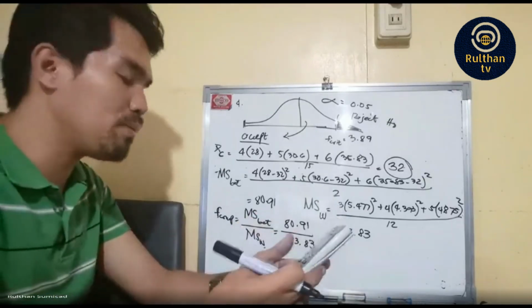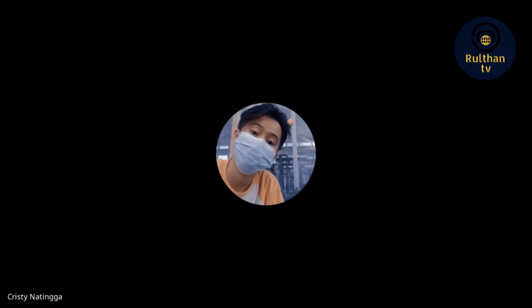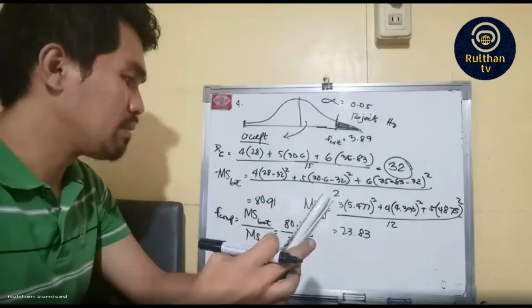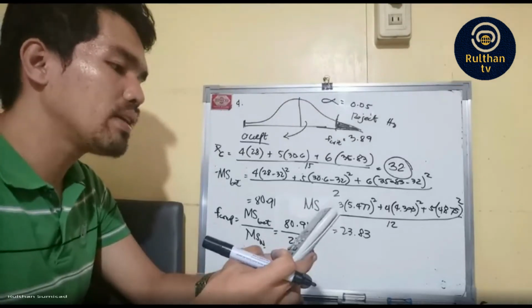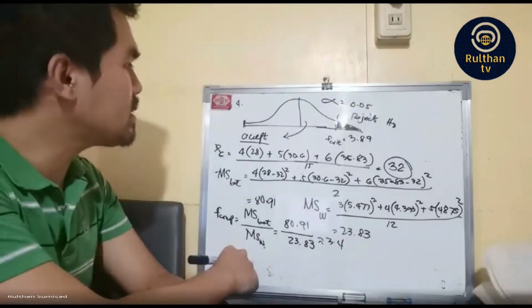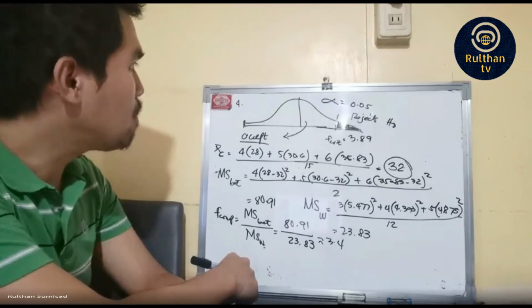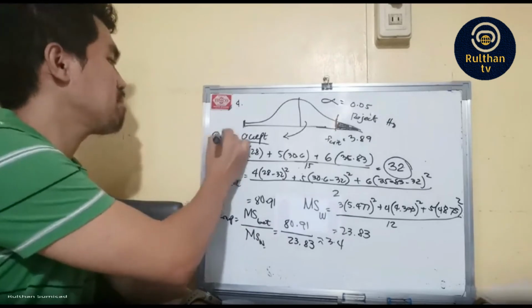What is our computed F? It's 3.40. We have already our step 5 completed.